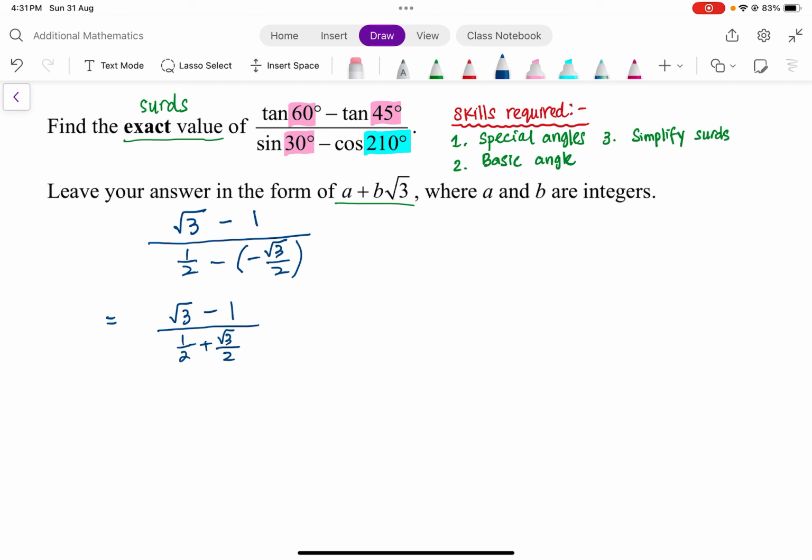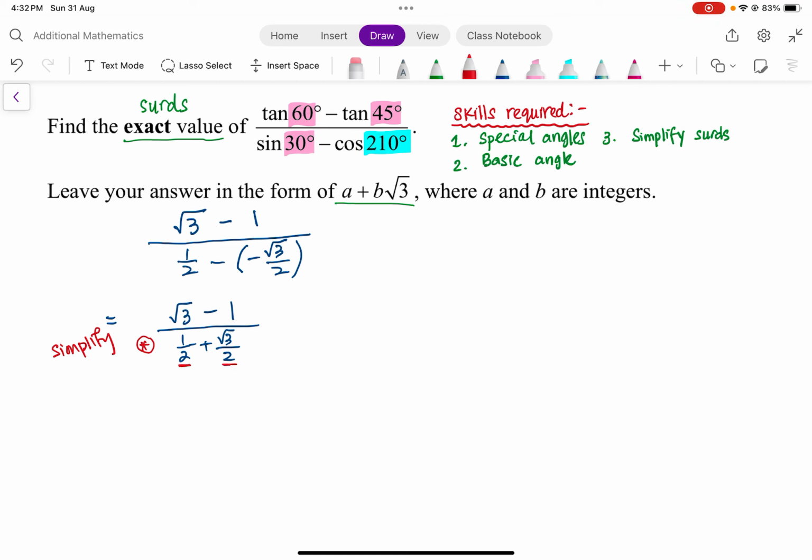Now over here, do take note, a lot of students are so quick to simplify the denominator and jump into rationalizing the denominator. For me, I wouldn't want to do that. What I will choose to do is simplify the denominator first. Observe that I have a common denominator, which is 2.